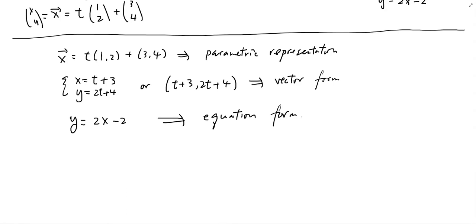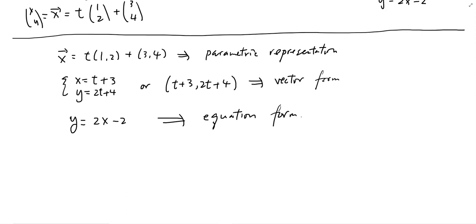All these three ways represent the same thing, a line. Just the way you describe it is different. In the parametric form, you describe the line by first having a point of reference, or quote-unquote starting point, which is (3, 4). Then you're allowed to go in either the direction of (1, 2) or the opposite direction of (1, 2), and that gives you the line.